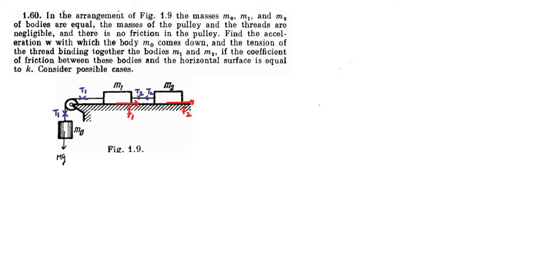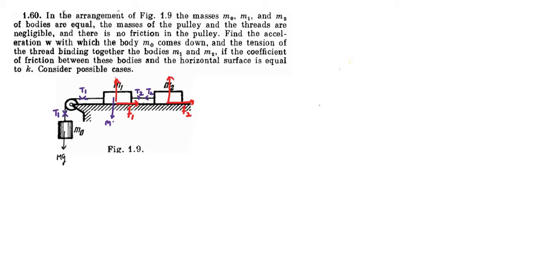We will also have normal reaction. So normal reaction will be in this direction, and at the same time normal reaction will be in this direction, and weight will act in downward direction. So weight equals m1g.